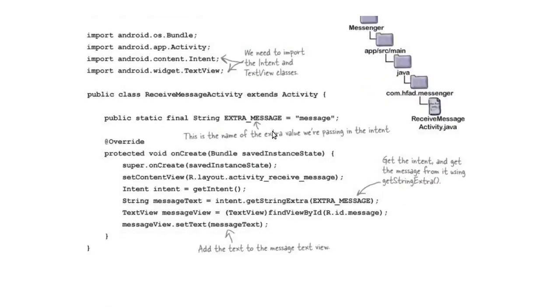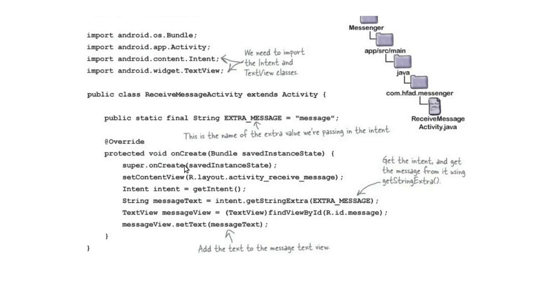So see, this is the receiving activity. Here is our global variable. In Java we define a global variable by using public static final String, and the name of the string. Since it is a global variable, we keep the name of the variable in capital letters.